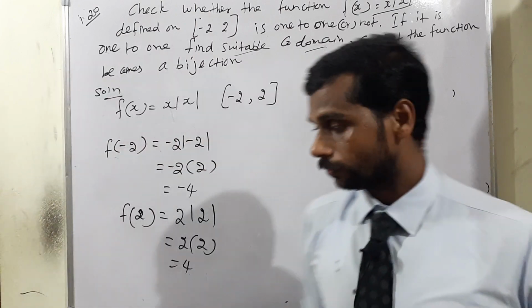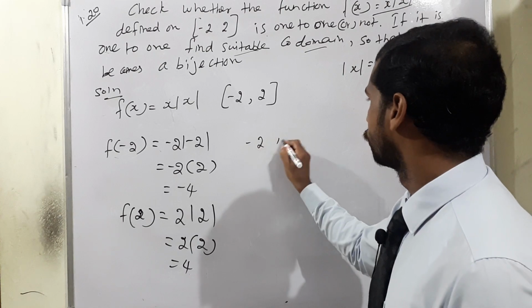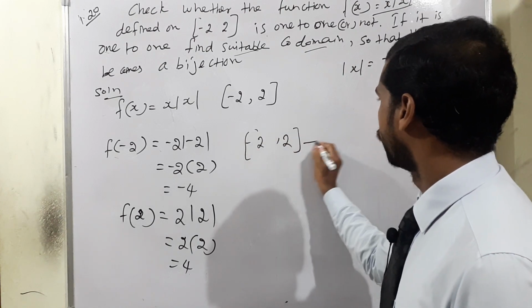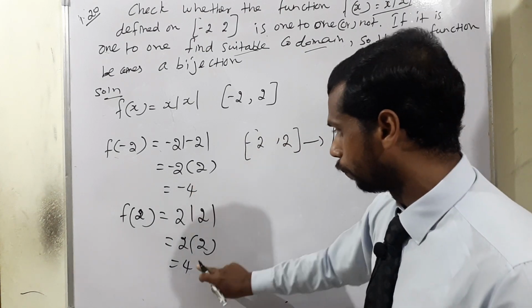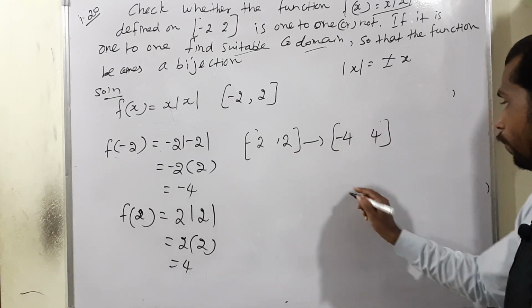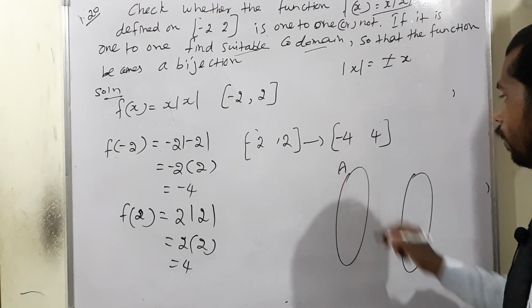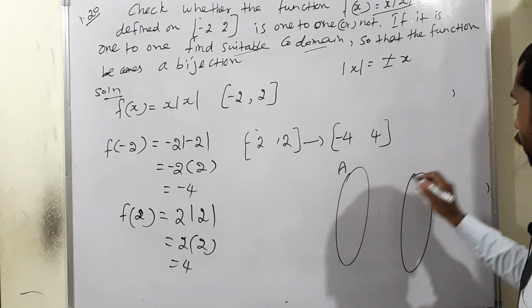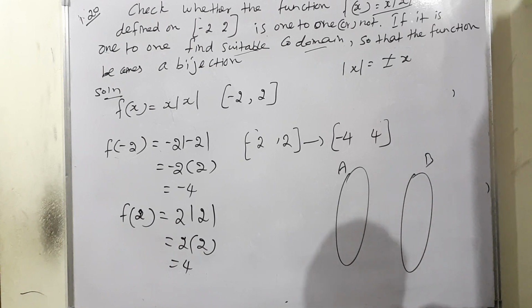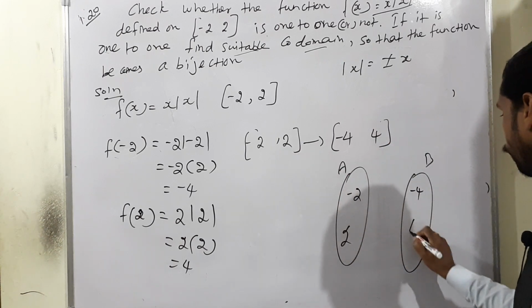Therefore, what is the output we have? So minus 2 to 2 implies we have the output negative 4 to positive 4. See, if you take this as A, the domain, and this is called B: negative 2 to positive 2, the output also we have negative 4 to positive 4.